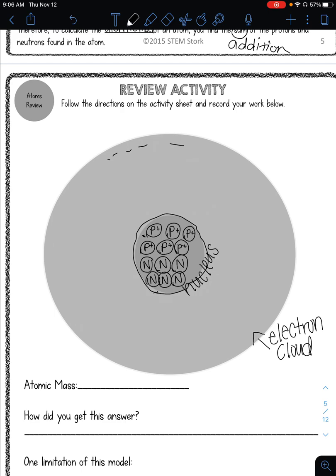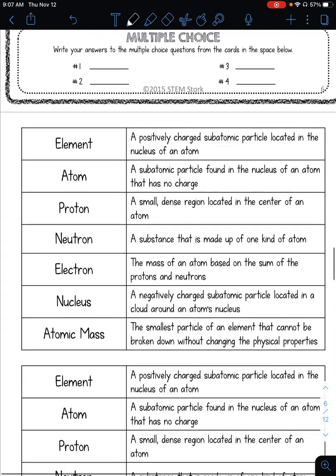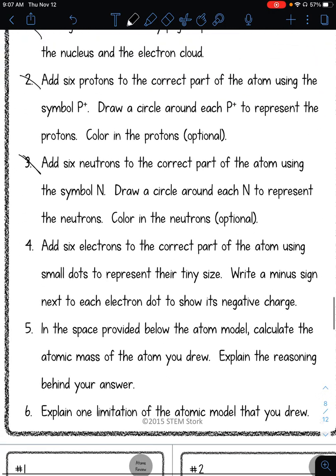Electrons go in the electron cloud. 6 tiny dots, each with a negative sign. Negative electrons in our electron cloud. Woohoo!